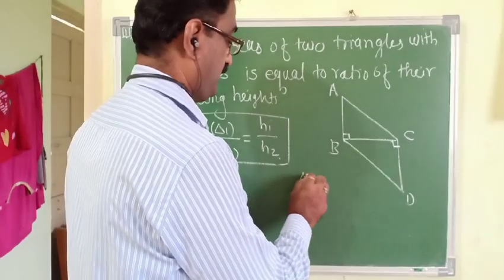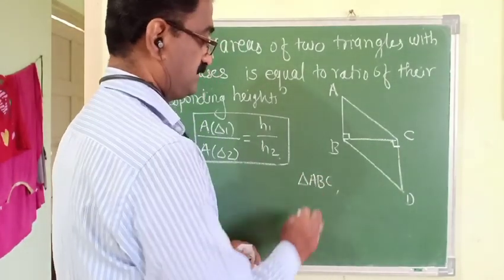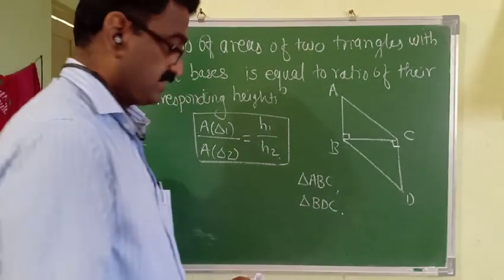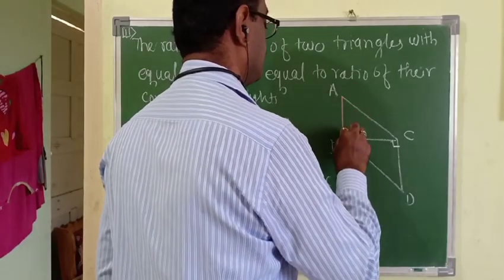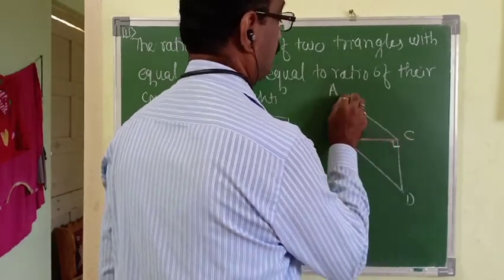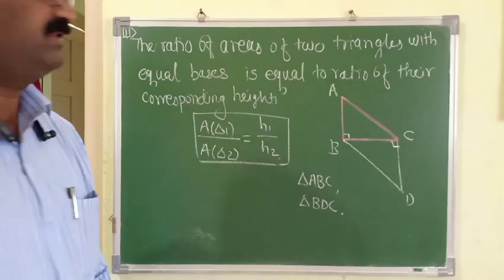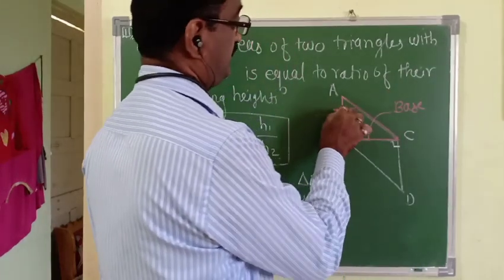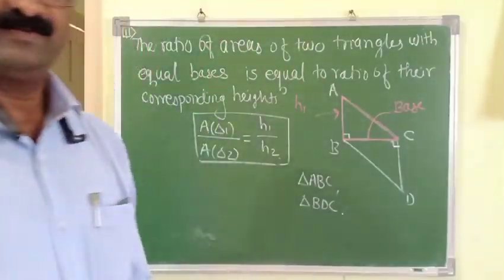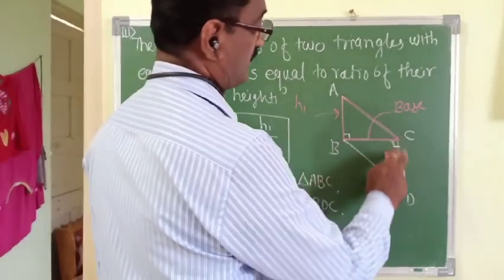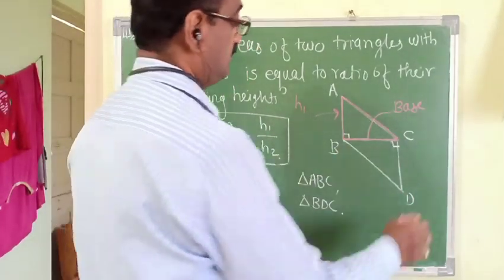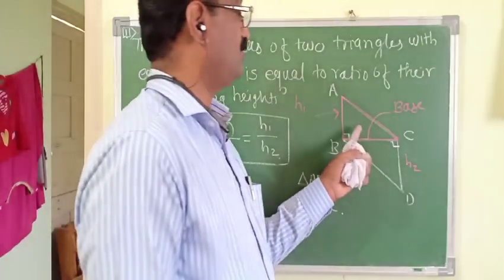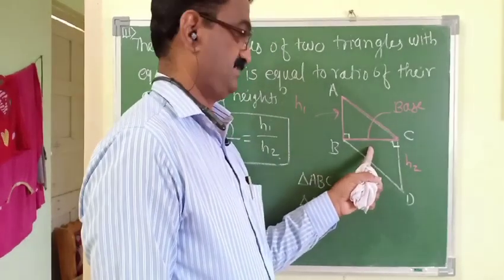One triangle is triangle ABC, this one, and another triangle is triangle BDC. In triangle ABC, if BC is the base, then this one is height. Similarly, in this triangle, if BC is again the base, then this one is height. So these two triangles have equal bases or same base.